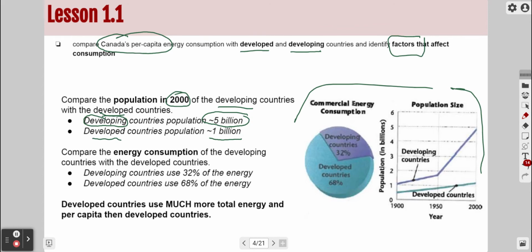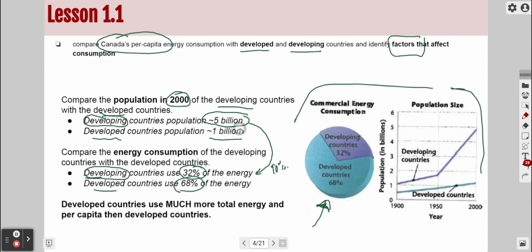But if you look at the energy consumption for that same time period of the year 2000, those developing countries with the 5 billion people only used 32% of the energy, where they should have used about 5/6 of the energy. So it should be closer to 90 something percent, right? Whereas the developed countries used 68% of the energy.